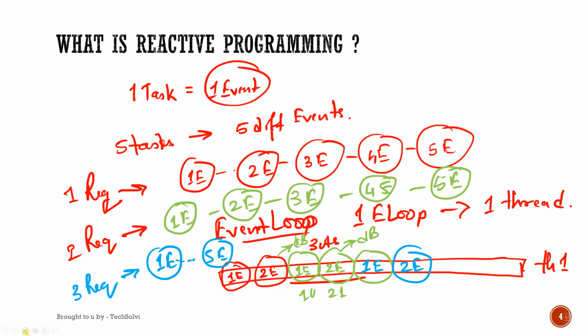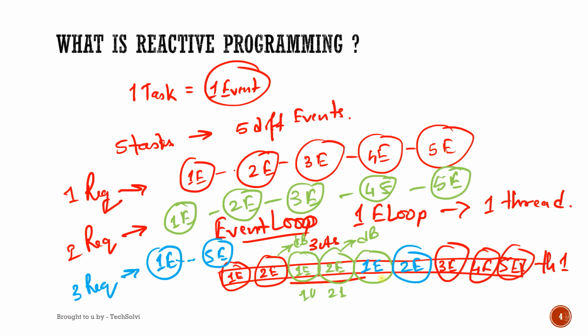So what this event loop will do is that it will now proceed with the third event of the first request. So, got it. Our thread is no longer sitting idle waiting for things to happen by third party systems or persistent systems over here. So we can process the third event of the first request, then the fourth event, fifth event, like that.